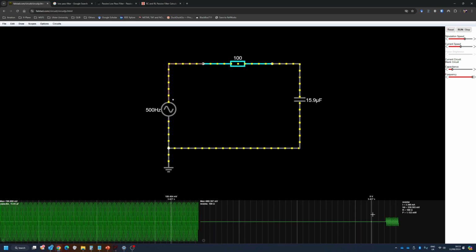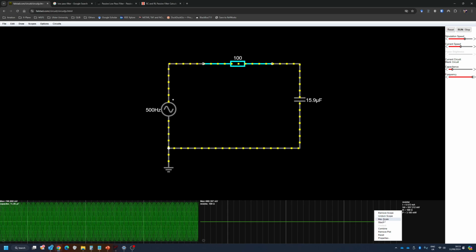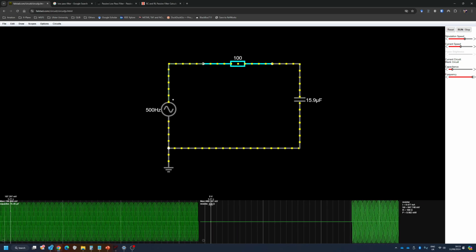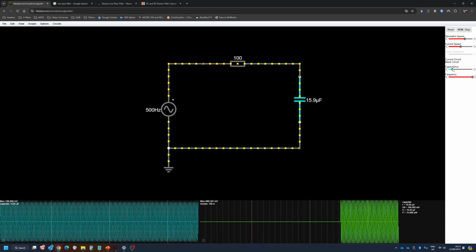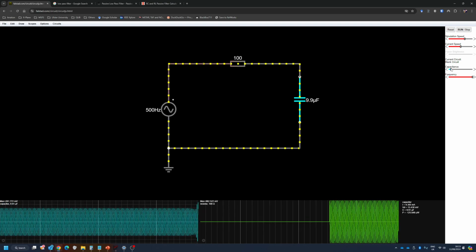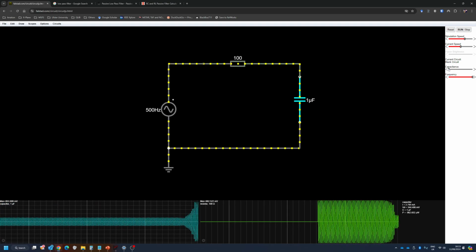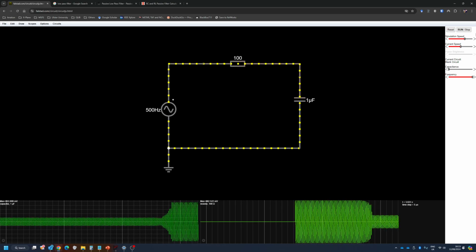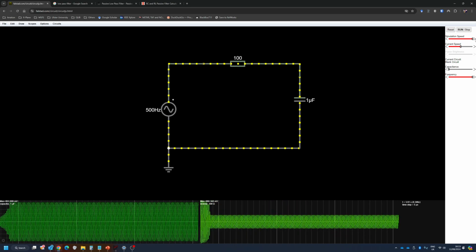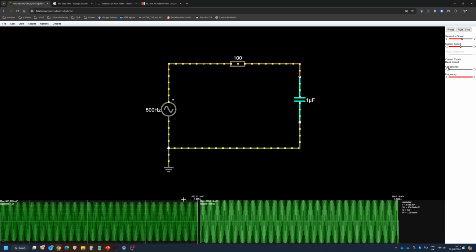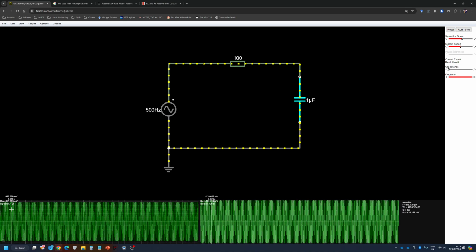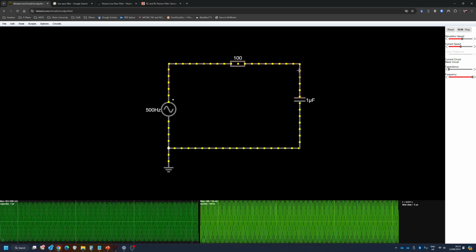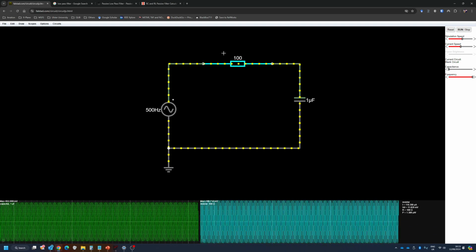You can see it here, and the voltage over the resistor is almost 1. As I decrease my capacitance back to 1 microfarad, the voltage over the resistor decreases to 300 millivolts, and the capacitor goes up to 950 millivolts.